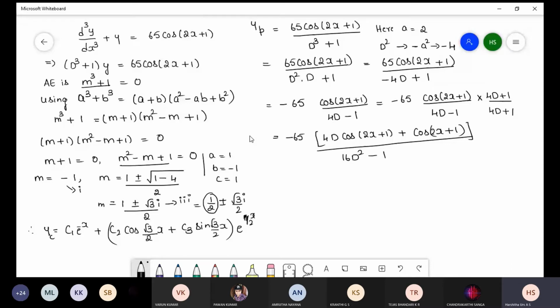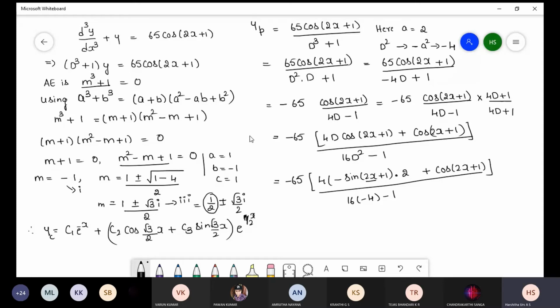So minus 65, 4, differentiation of cos is minus sine of 2x plus 1 into differentiation of 2x is 2. Plus I write cos of 2x plus 1 as it is, divided by 16 into minus 4 minus 1.